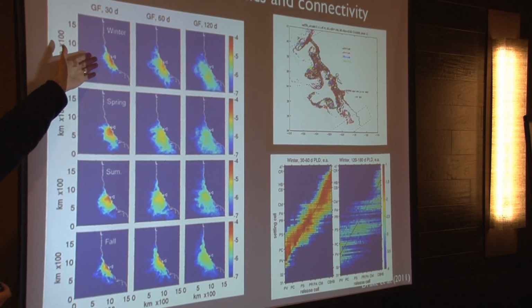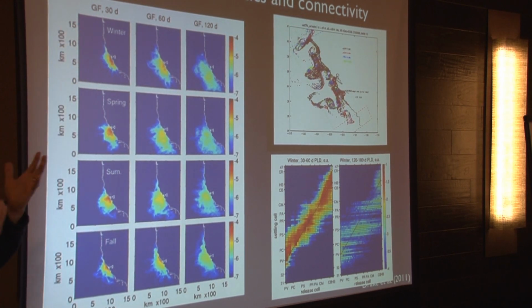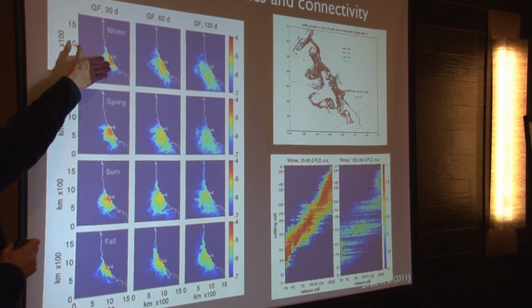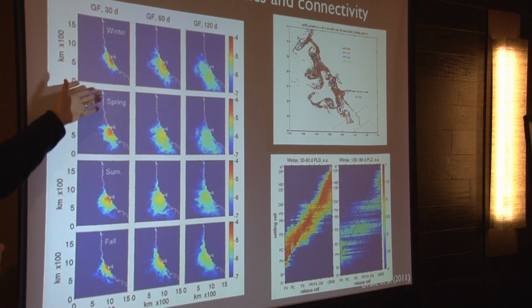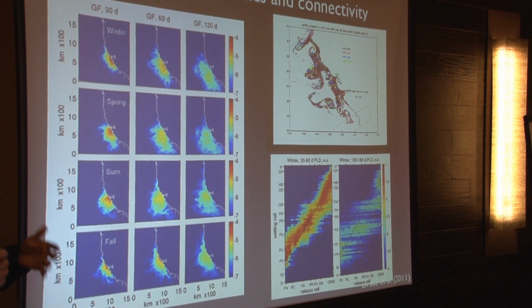And on average, for example, in wintertime, after 30 days in the water column, they spread out down to Point Conception and maybe up to Mendocino, although mostly they stay pretty locally. In springtime, that down coast transport is enhanced. In fall, because of the change in the wind stress, actually things stay a little bit closer to the coast.